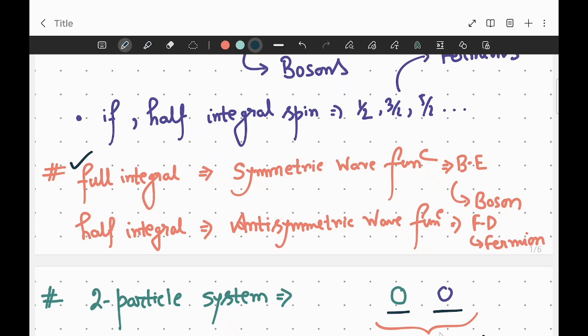Just understand there are two types of angular motion. One is orbital motion, like this revolving, and one is this. You consider this as spin, but this is not actually spin. This is actually rotation around its own axis.